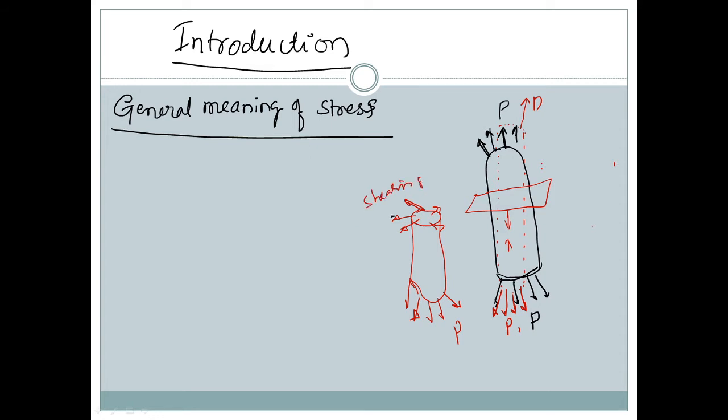One more resisting force will be generated, that is the resisting force in the vertical direction. That is the resisting force. Right? So now the resisting force is normal to the plane.